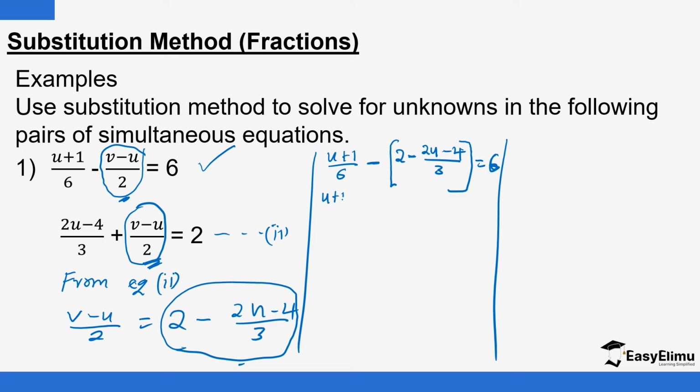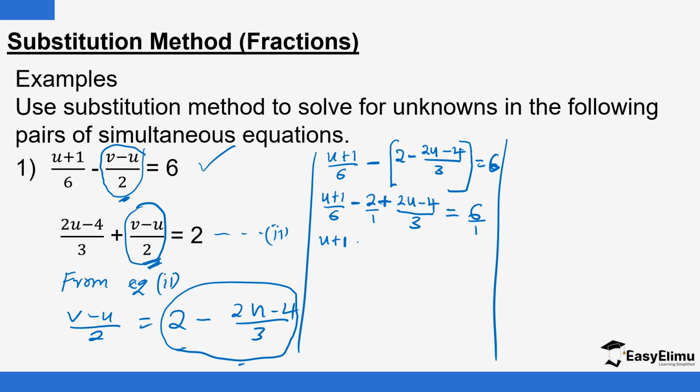So u plus 1 over 6 minus 2. Then now this minus will change to plus because of the minus sign appearing before the bracket. So (2u minus 4) over 3 is equal to 6. I can decide to multiply all through by 6 because 6 is the LCM of 6 and 3. The first term multiplied by 6 will be u plus 1.